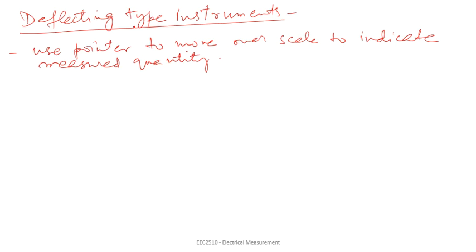Okay. So, in any type of deflecting instrument, there will be three different forces which operate in these types of instrument. In any electromechanical mechanism inside the instrument, there will be three forces. What are these three forces?